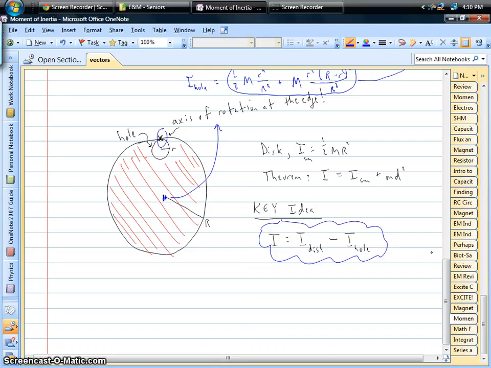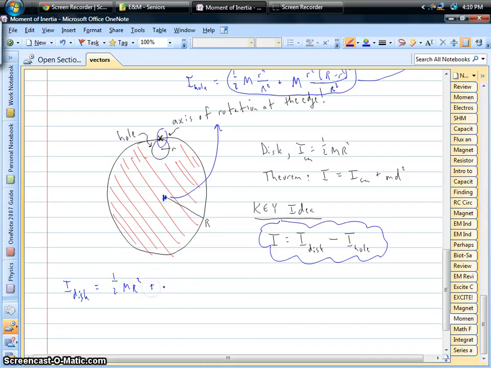Okay, so let's just work on this. Let me first find out the inertia of the disk. And we'll just assume that there is no hole. If we just had to do this from scratch, we can just use the parallel axis theorem and say, okay, well, the moment of inertia of a disk at the center of mass is just the normal 1/2 m big R squared. Okay.